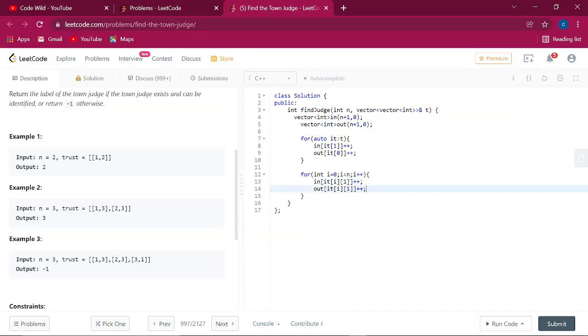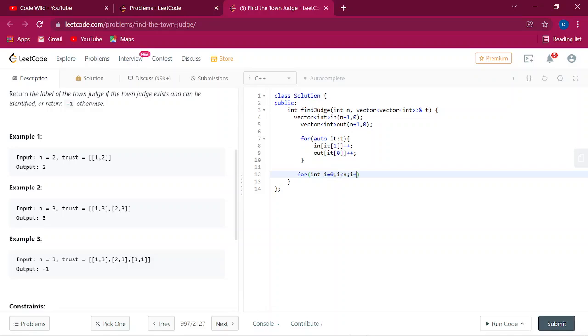Basically both are the same thing. This is somewhat the modern type of approach, and this is the normal for loop. You get the idea now, right? Okay. So now we just have to display it.